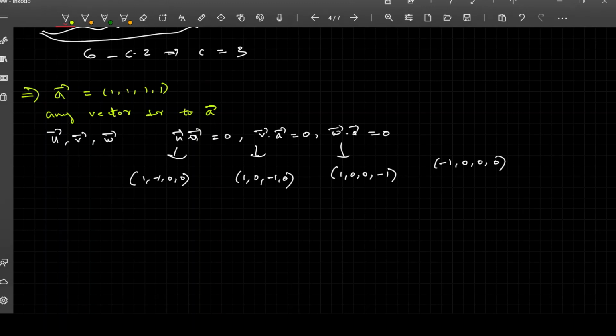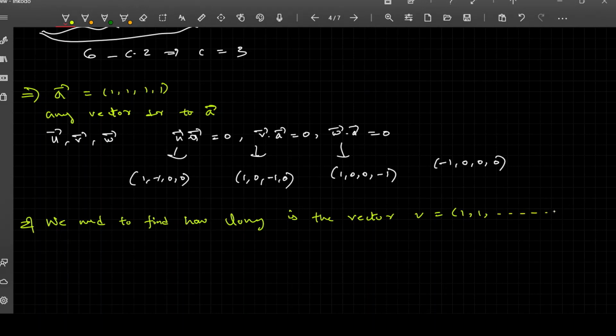And coming to the next question, we need to find how long is the vector V equal to 1 comma 1 comma 1 till 1 in 9-dimensional space.